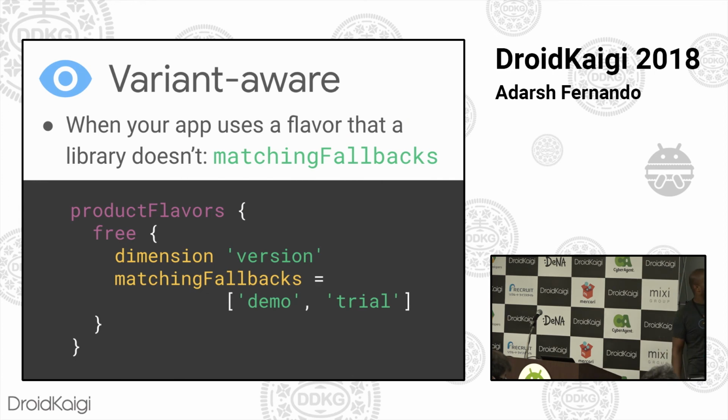So here, for free, we saw that the dependency didn't have a free version. Gradle will still automatically look for a version free in your dependency. If it doesn't, you're able to provide fallbacks for that. So if free isn't available, it tries demo, and then it tries trial. Let's say another dependency has a trial version, right?